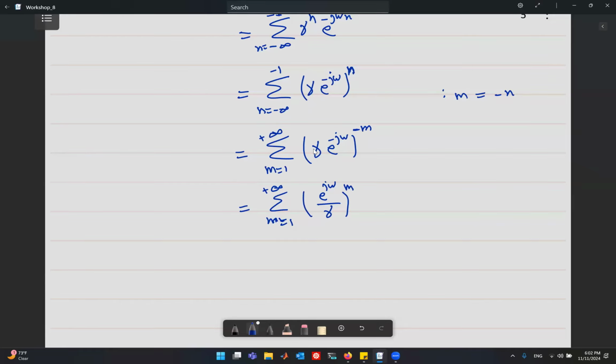If we write this as gamma e to the minus j omega to the power minus 1, and then to the power m, it is 1 divided by this to the power m.